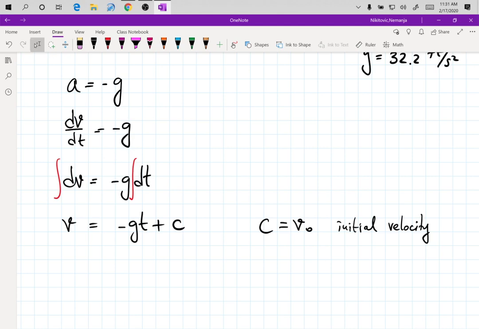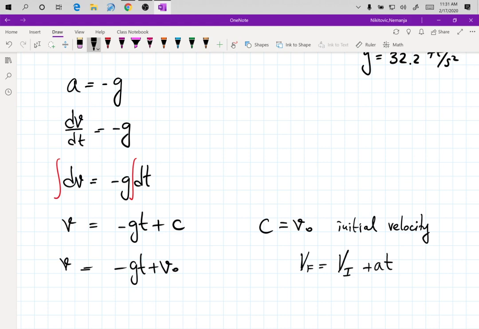So now we get to our equation where velocity as a function of time is equal to negative gt plus v0. Now, you might know this formula from your physics as velocity final is equal to velocity initial plus acceleration times time.